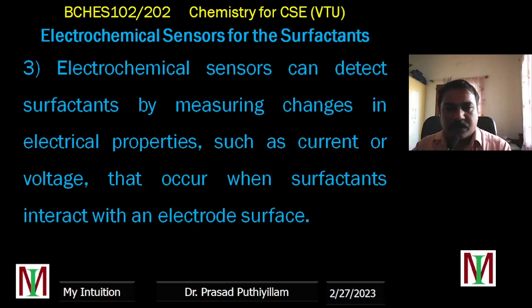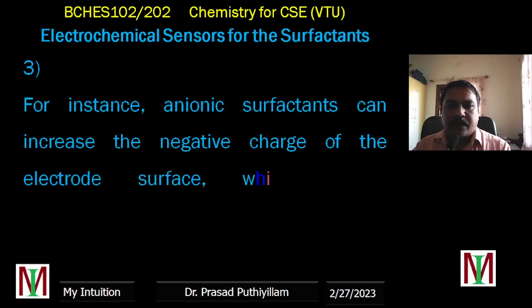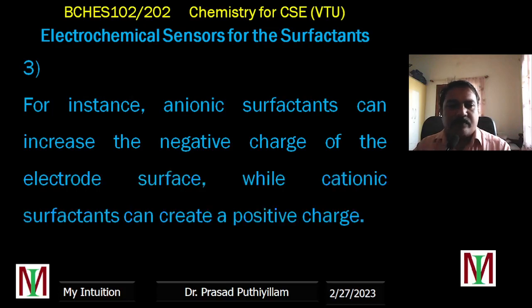What is an electrochemical sensor? The component, the sample that you are measuring, here it is surfactant. We should have some changes near the detecting electrode which we use. Then, with reference to the reference electrode, we can measure the change. For instance, anionic surfactants can increase the negative charge of the electrode surface, while cationic surfactants can create a positive charge.